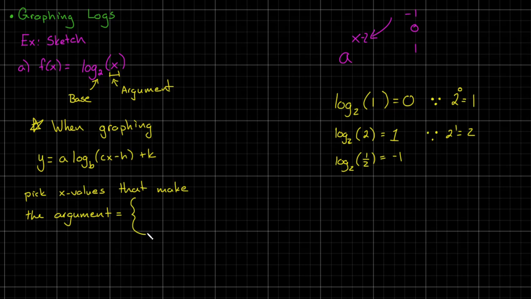So we get 3 choices every single time. It depends on what value of b we actually get, or the argument rather. But we just want our argument every single time to be equal to b, whatever the base is. We want to pick an x value that makes our argument the base, which is exactly what we did right here. We made our argument the same as the base.